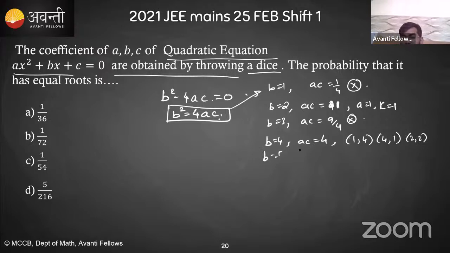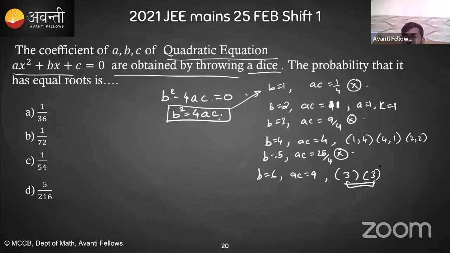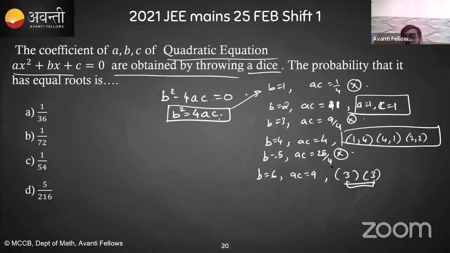And when b value is 5, we get ac value 25 by 4, which is again not possible. When b value is 6, ac value is 9. To get 9, we need 3 and 3. So the number of possible situations for a and c: here we get 1, here we are getting 3, here we are getting 1.